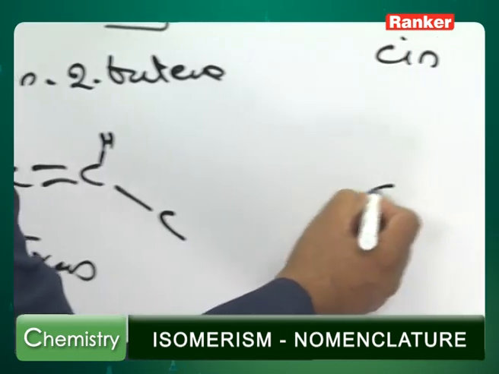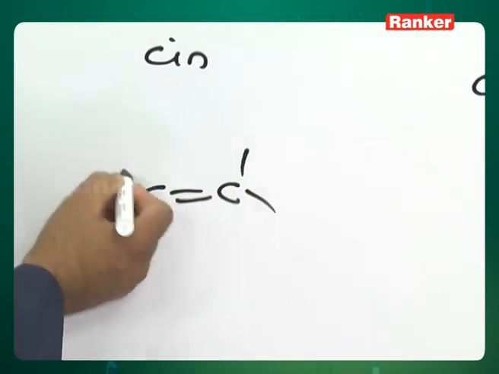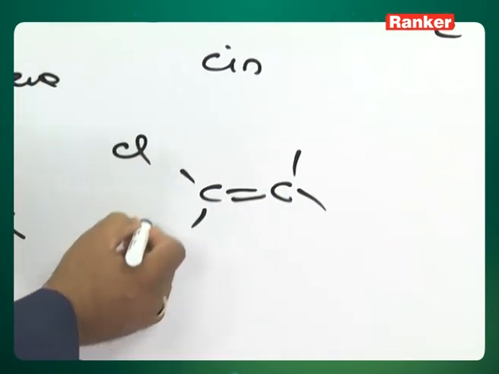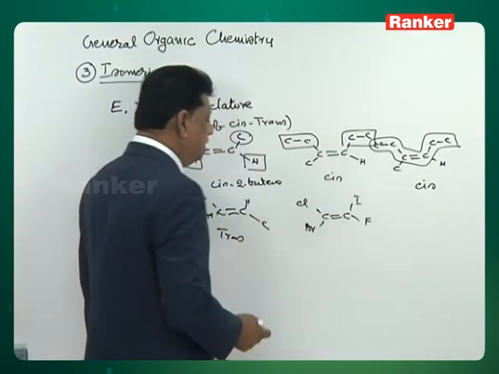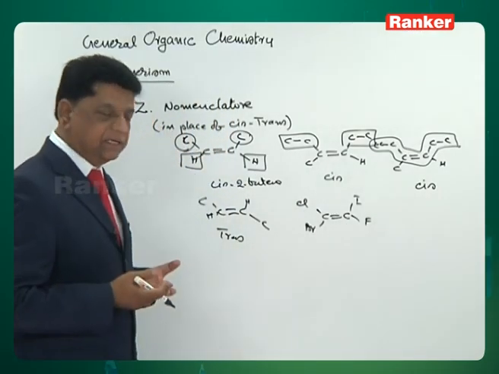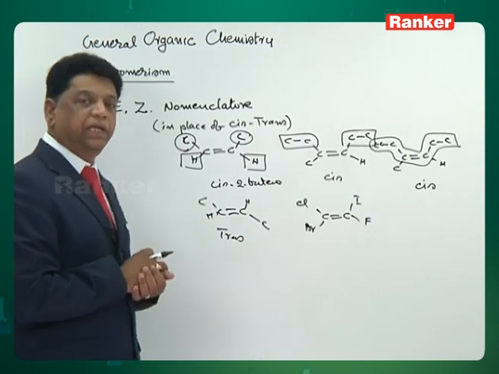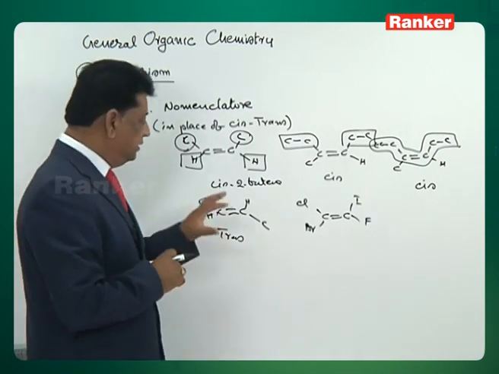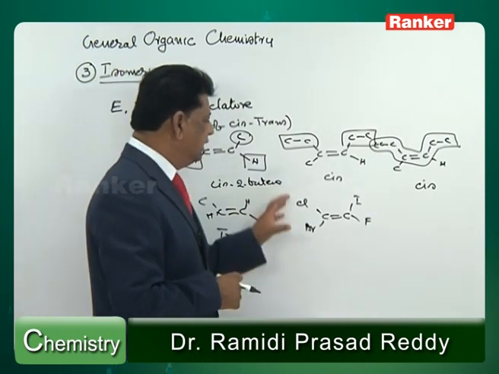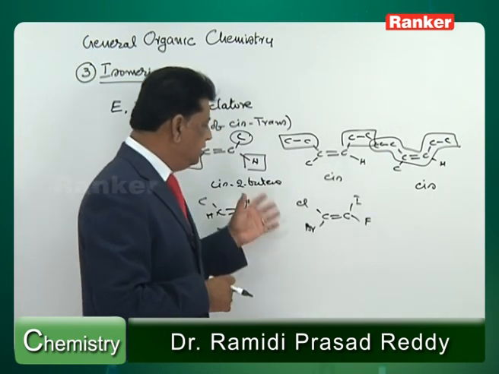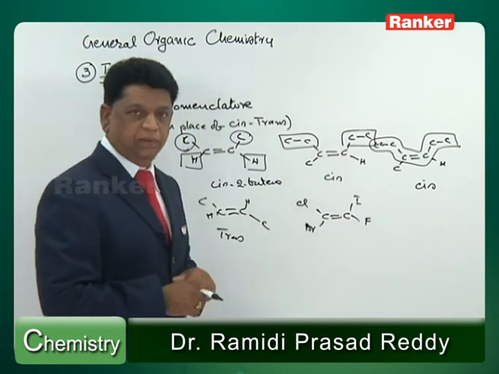But for compounds where all the groups are different, like chlorine, bromine, iodine, fluorine, is it a cis compound or a trans? Which two should be taken into consideration to say same side or opposite side? It is slightly difficult, since the main compound is only two carbons.